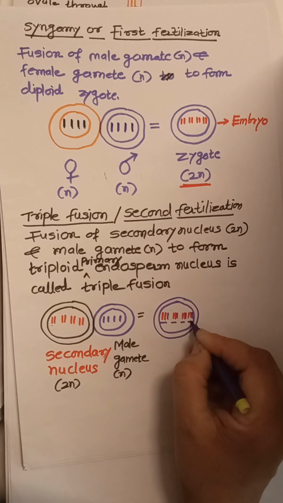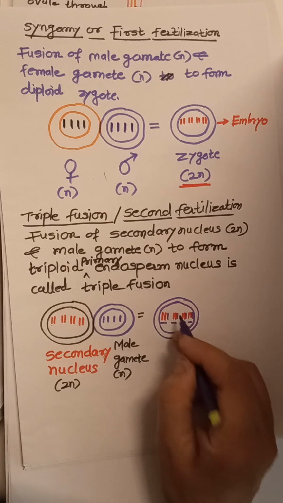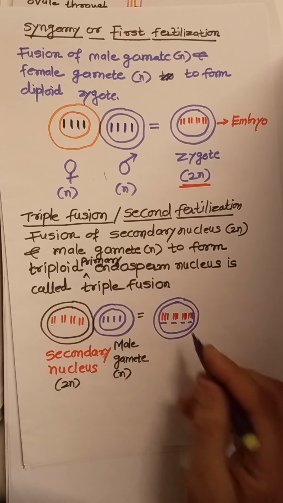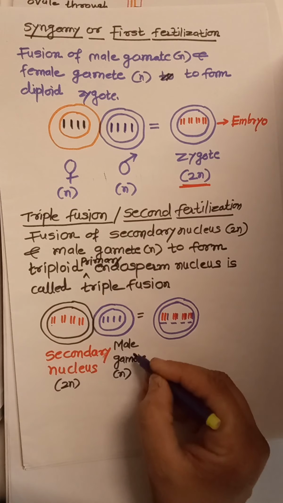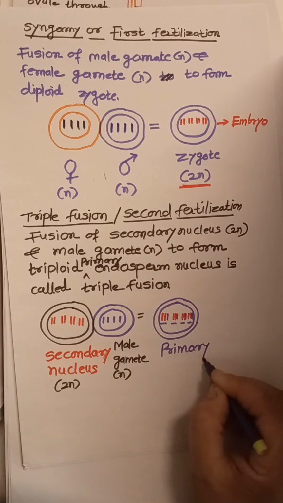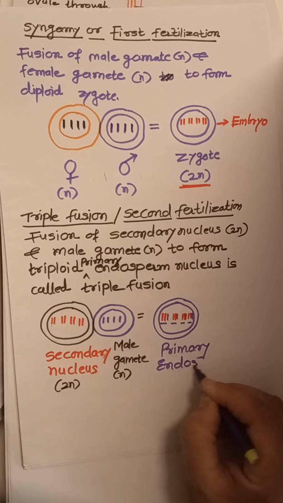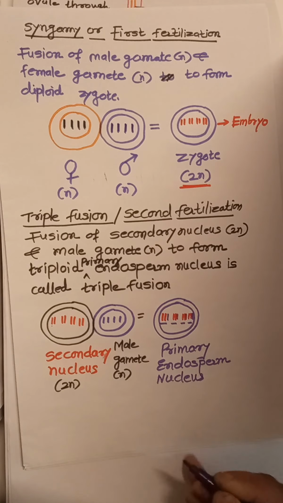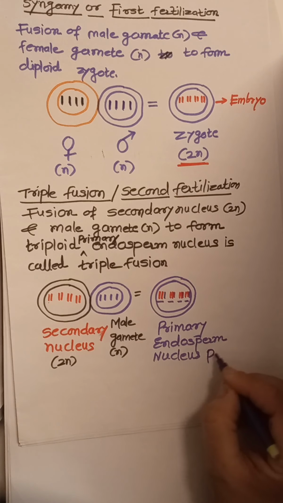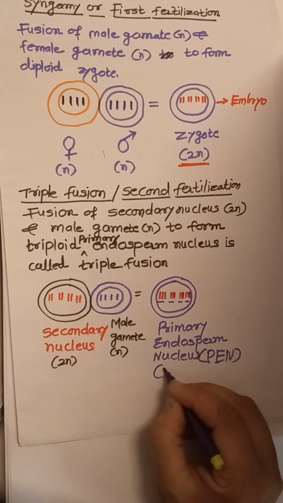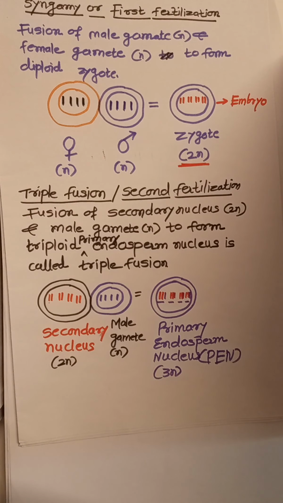Three chromosomes are present in this cell, which is formed after the fusion of the diploid secondary nucleus and haploid male gamete. It is called the primary endosperm nucleus, PEN, and it is triploid because in a single set 3 chromosomes are present.